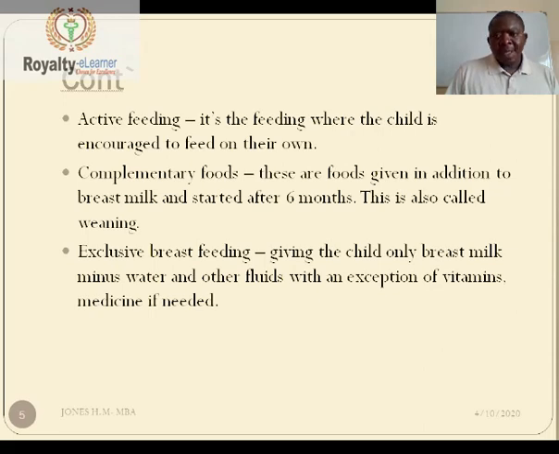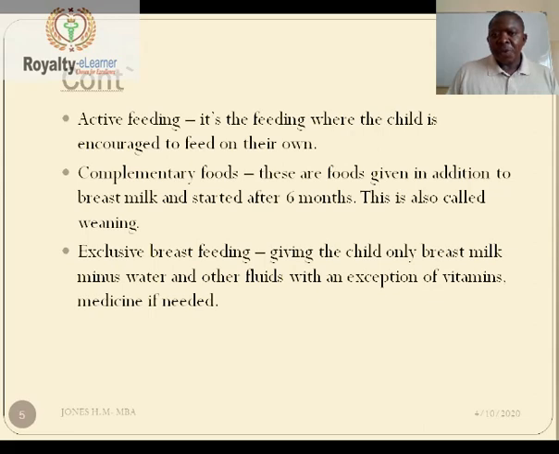Complementary foods. These are foods that are given in addition to breast milk and started after 6 months. This is also called weaning. Weaning is of two types. You can wean the child whilst they are still having other supplementary feeds, and then you can also have total weaning, where the child stops depending on breast milk totally.